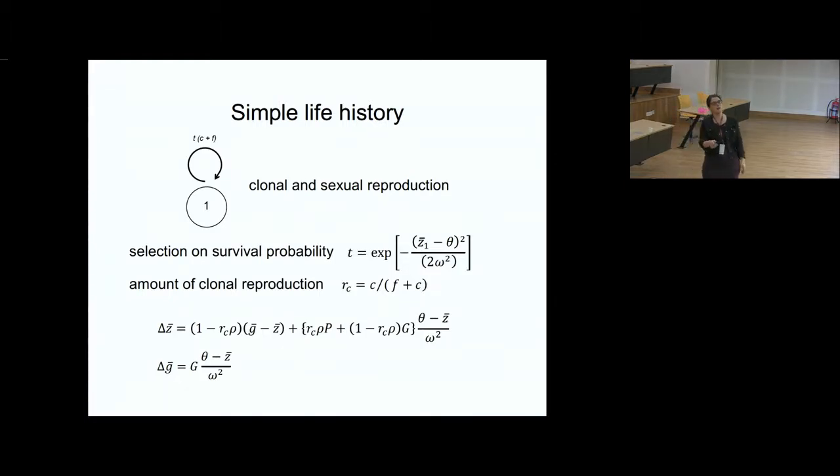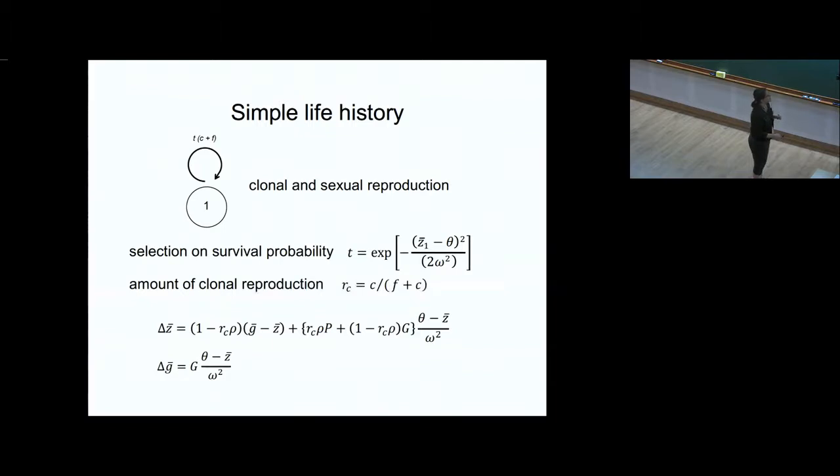And we're going to track the amount of clonal reproduction as a relative amount, just the fraction of total reproduction, so we only have one thing to follow. So you can write the transitions for phenotype and genotype, and you see that clonality enters as a joint parameter, R sub C times rho: the amount of clonal reproduction times this phenotypic matching.